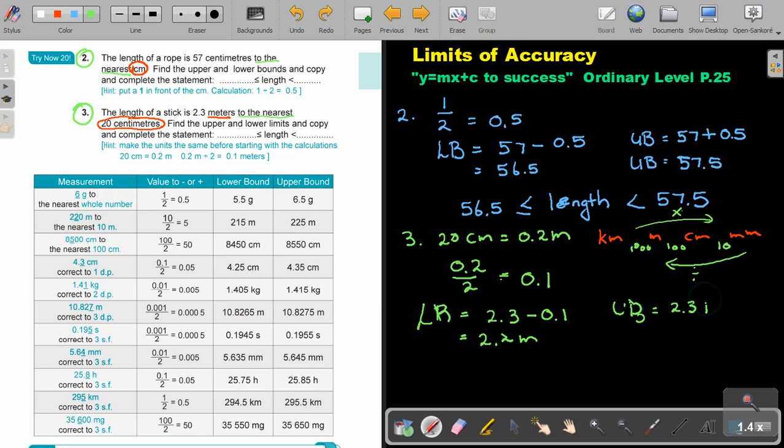2.3 plus 0.1, and that's going to be 2.4. And then I'm going to say, okay, so what was the statement?